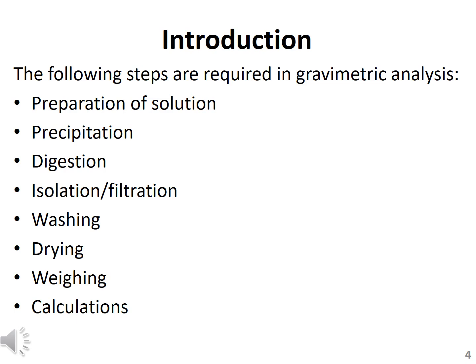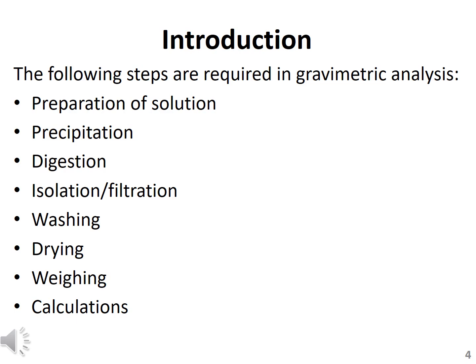The first step is a preparation of solution, and the second step is addition of precipitating agent to the solution. After the addition of precipitating agent, some precipitates will be formed, and these precipitates will be digested in order to get bigger and cleaner crystals of the precipitates.